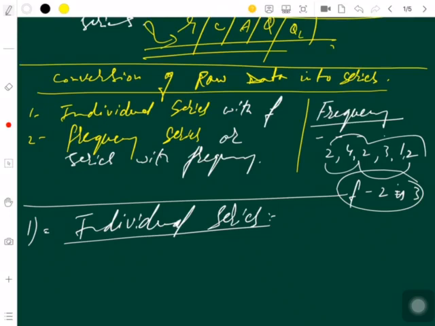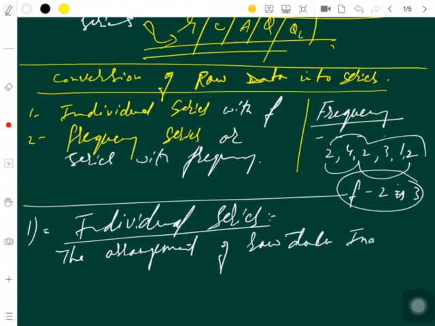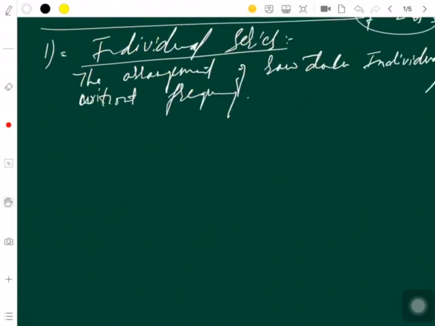How it is imparted, how we calculate frequency, I'll tell you, but for the time being, the arrangement of raw data individually without frequency is called individual series. So we can cite an example for individual series as well.